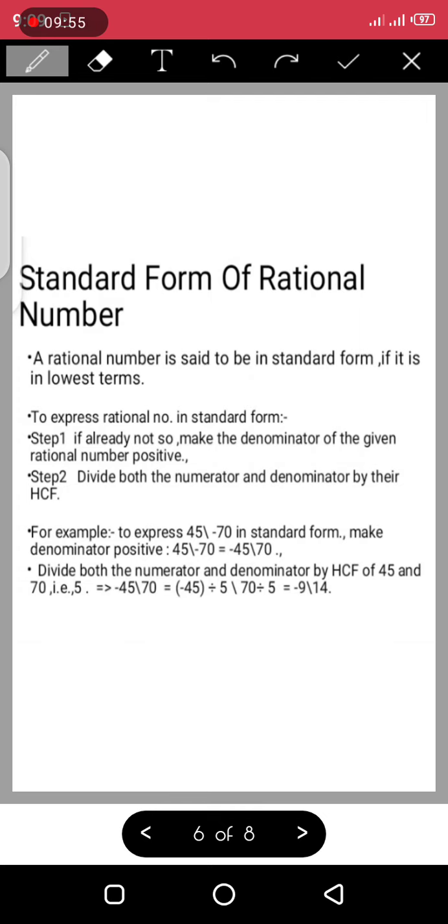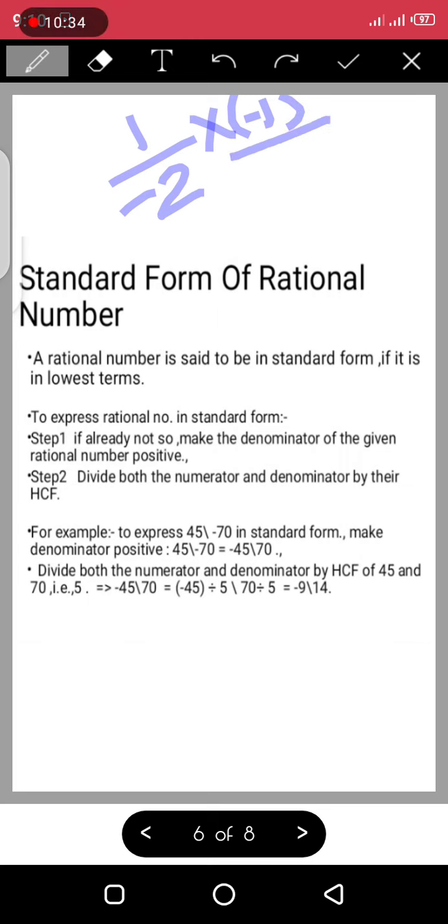If it is positive, then it's fine, but if it is negative, then we have to convert it to positive. For example, if we have a rational number 1 by minus 2, to make the denominator positive we multiply both numerator and denominator by minus 1.